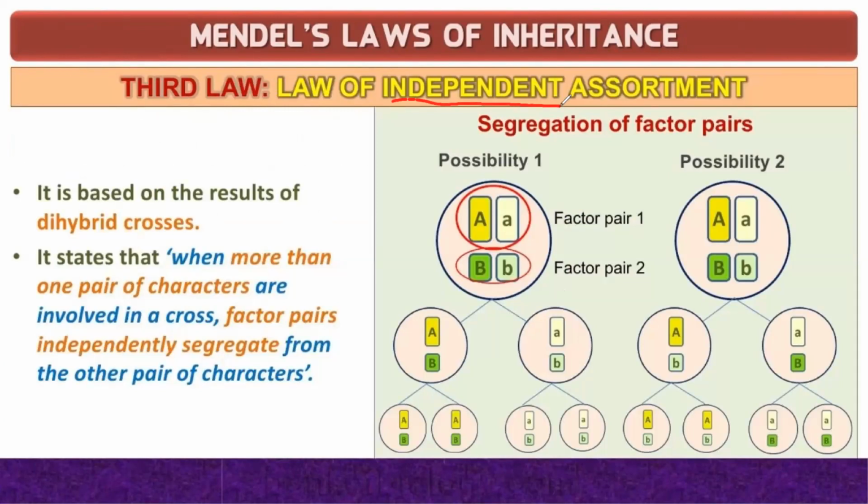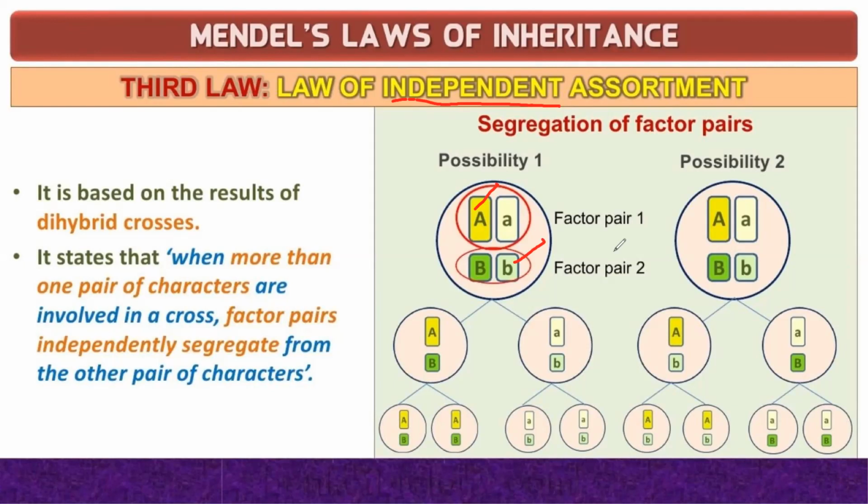Let's see. On your screen, you can see the figure, possibility 1 and possibility 2. As I have explained in this video, in possibility 1, chances are there that this capital A may go with small b, right? Here it's written factor 1 and factor 2.